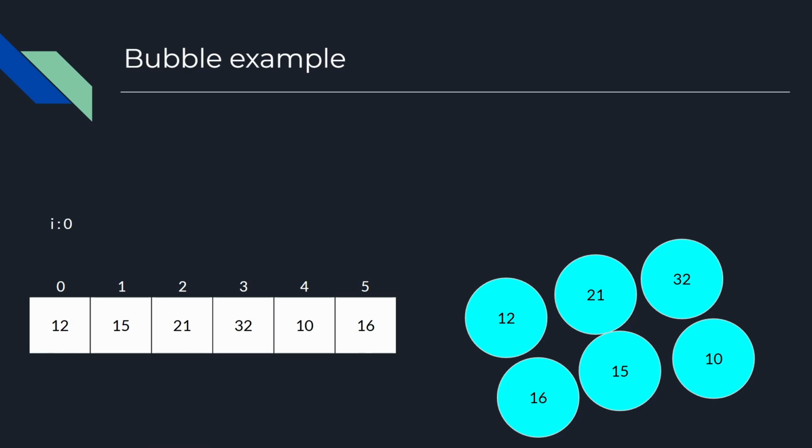Okay, after the swap, we will move on by incrementing j. j will be 2, j plus 1 will be 3. As we check these two elements, we can see that there's nothing wrong with it. So we will move on. But here, however, we can see that something is wrong, and we will have to perform a swap.